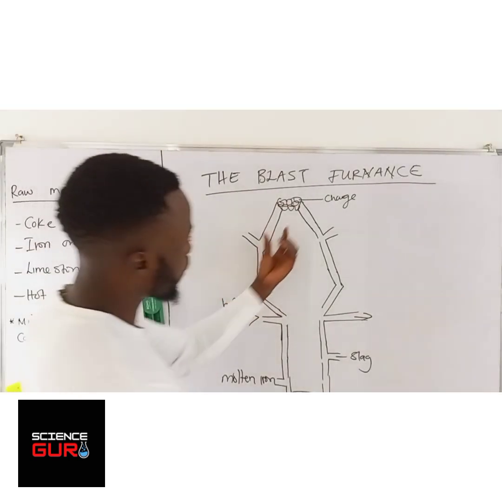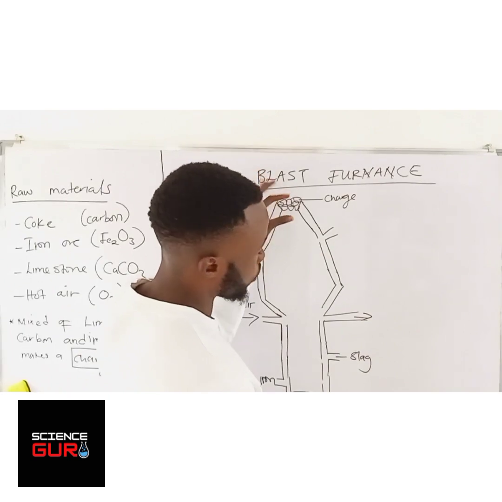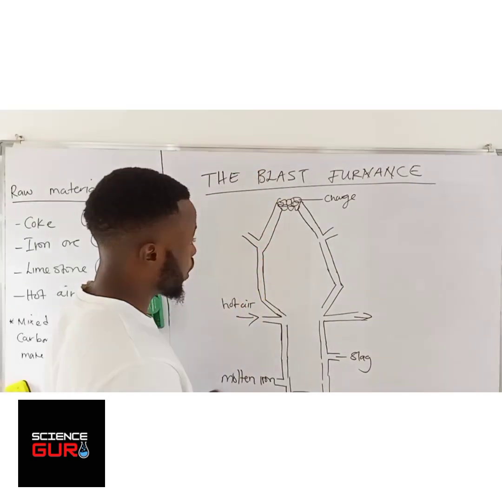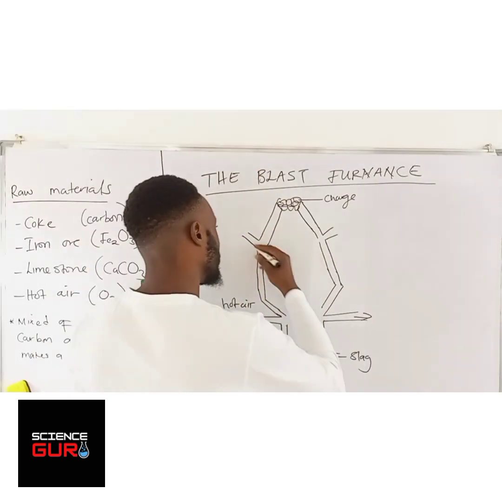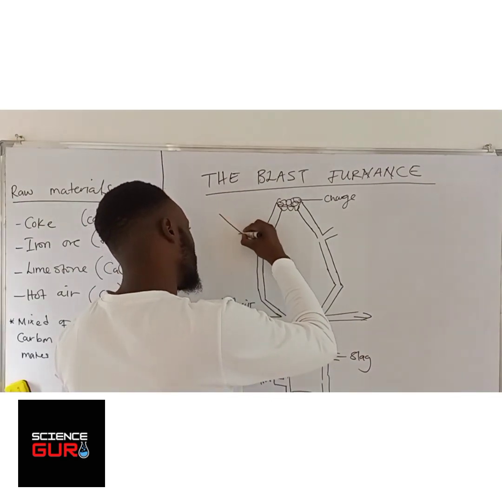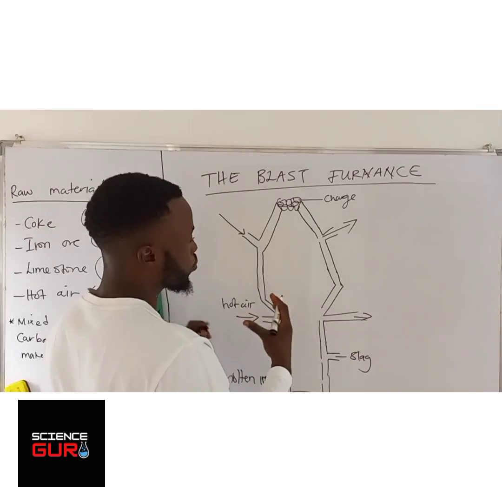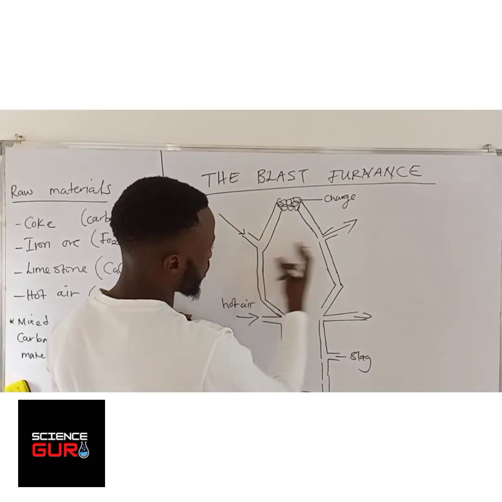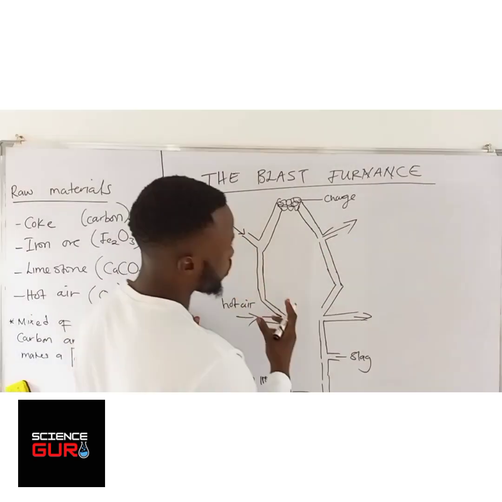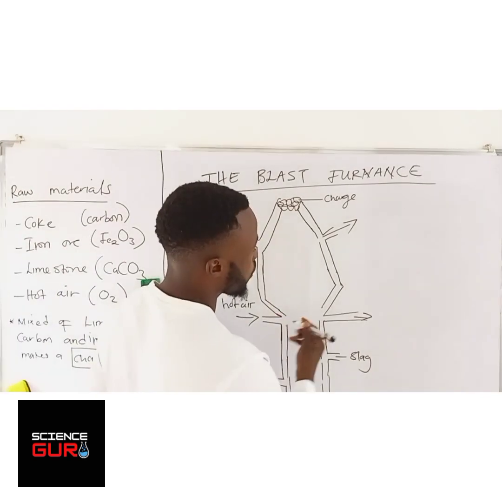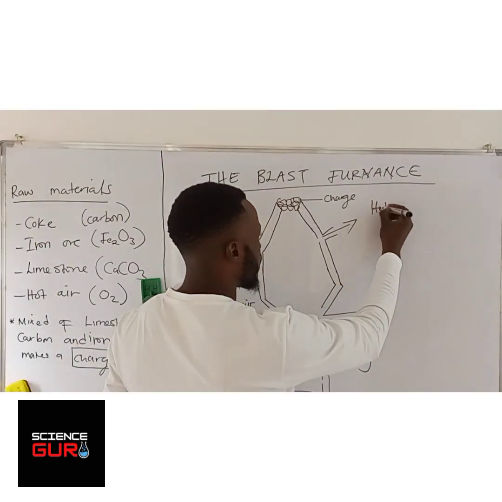So, the blast furnace will look like this. On top here, you're going to add a charge. You know what a charge is made up of. And these are what we call the tuyeres, where hot air enters. Sometimes in the exam they'll ask you what is the purpose of the hot air.